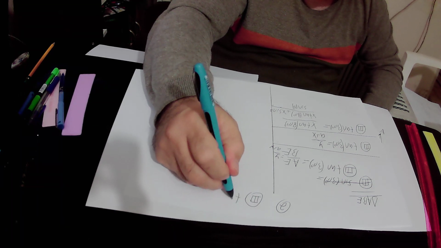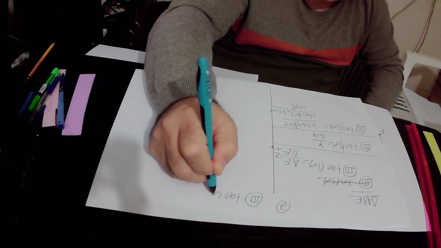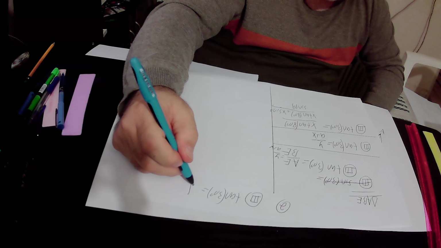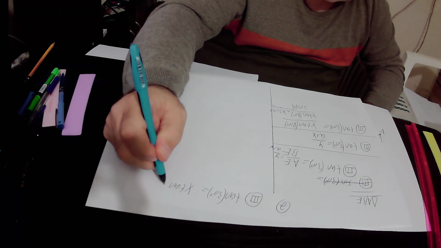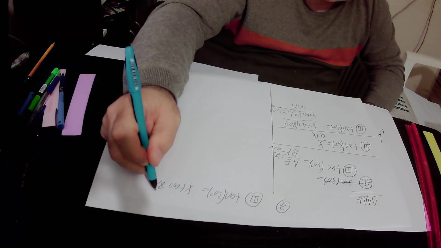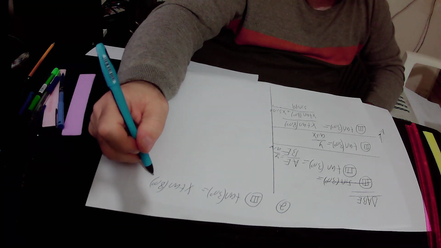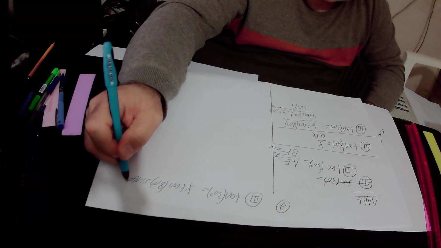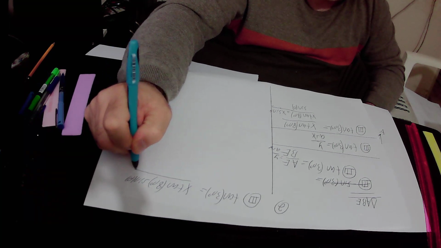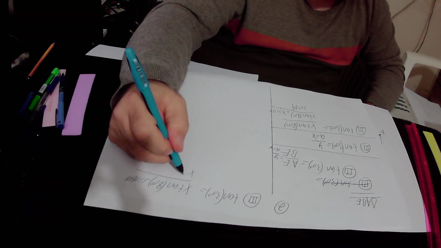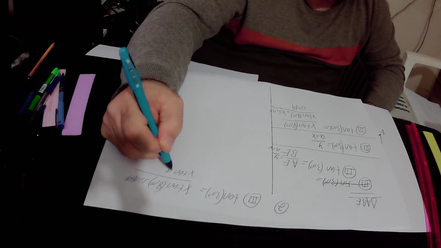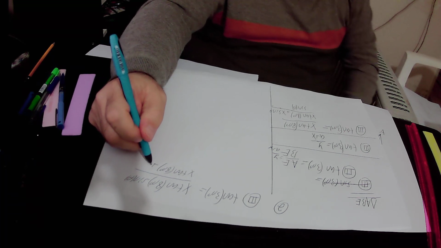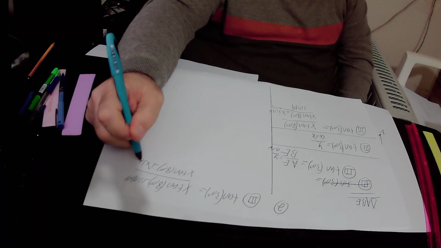tangent 30 degrees equals x tangent 80 degrees times sine theta over x tangent 80 degrees plus x sine theta.